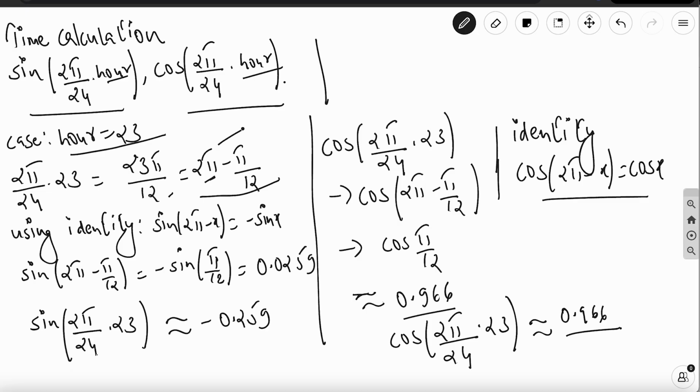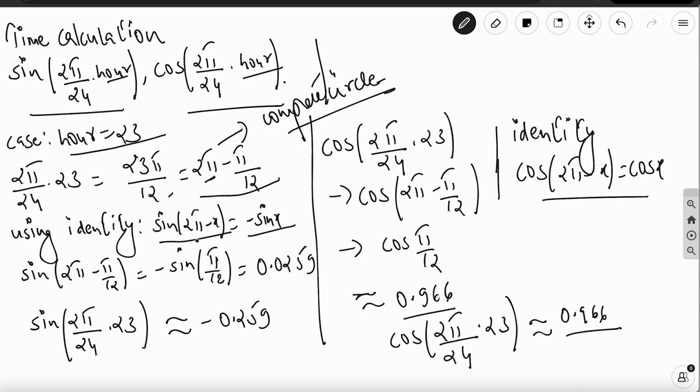Why? Because 2 pi represents a complete circle. That's why we have broken down this calculation into 2 pi minus pi by 12. Now we use the identity that sine of 2 pi minus x is minus of sine x. There are multiple identities of sine, cos and tan, so let's not go into details.